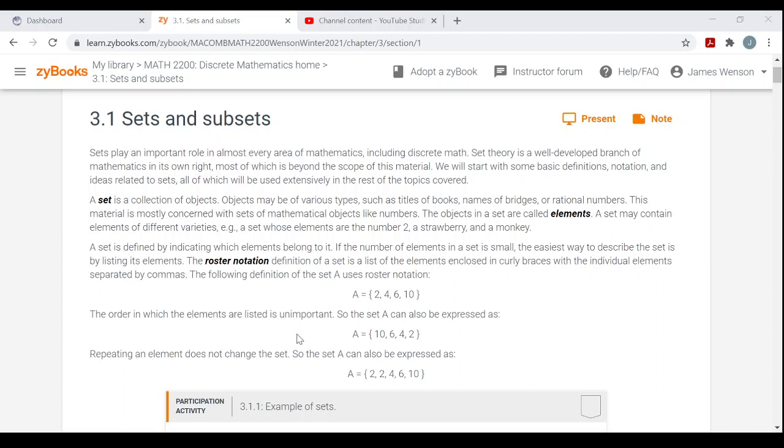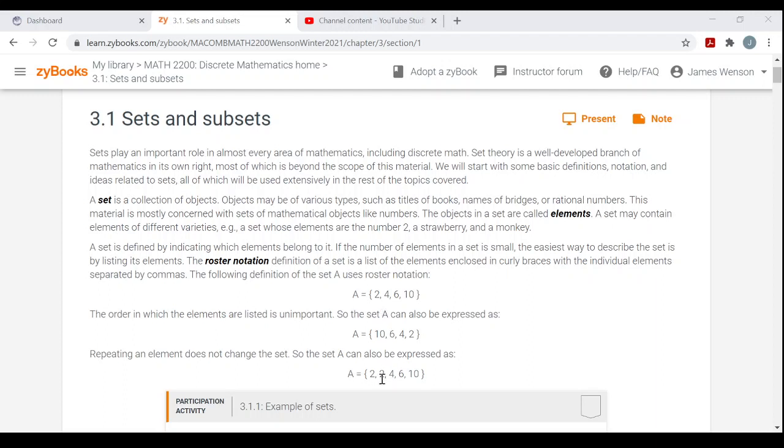So it doesn't matter what order the elements are listed in, as long as it has the same elements listed, it's the same set. The same thing goes for repeating an element. Repeating an element does not change the set. So this set A with 2, 4, 6, and 10, if I have two 2s, that means I still have the element 2.